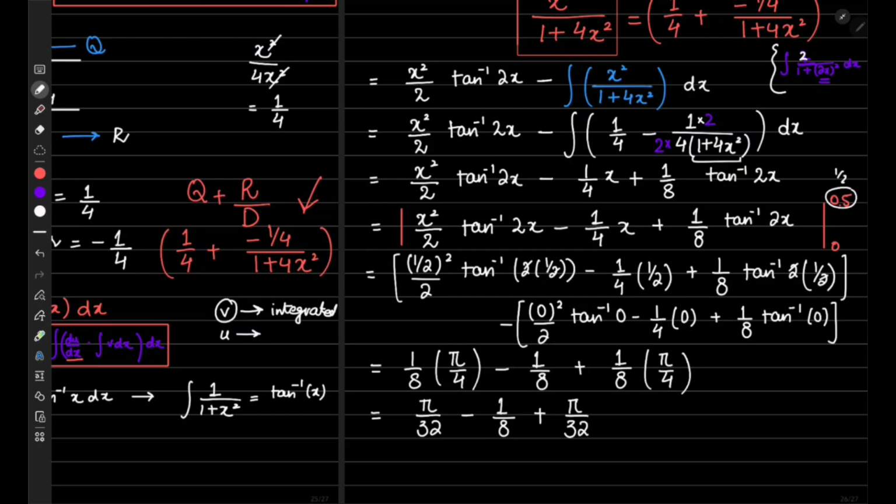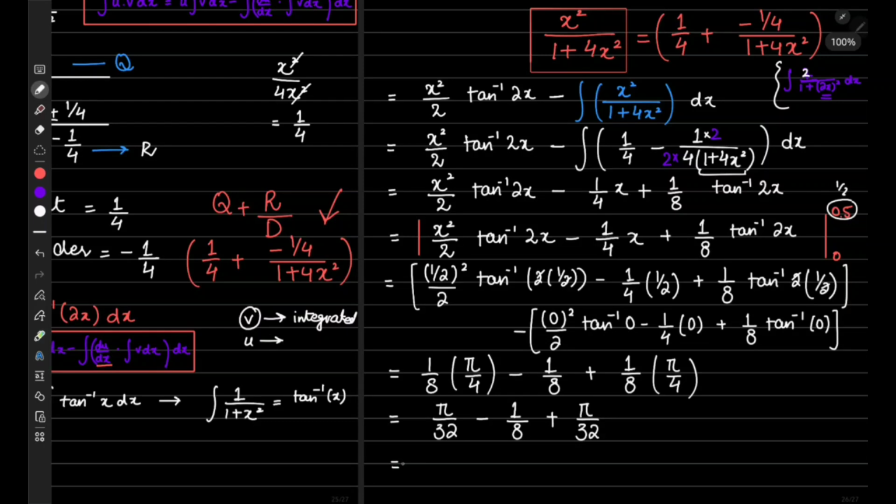So it turns out to be pi over 16, because it will give you pi over 32 plus pi over 32 minus 1 over 8, that will give you 2 pi over 32 minus 1 over 8. So that gives you 1 over 16 pi minus 1 over 8.